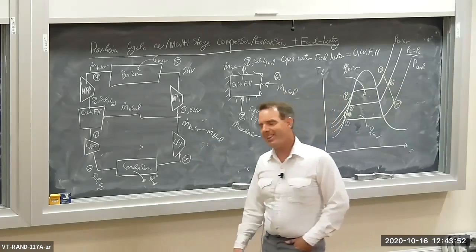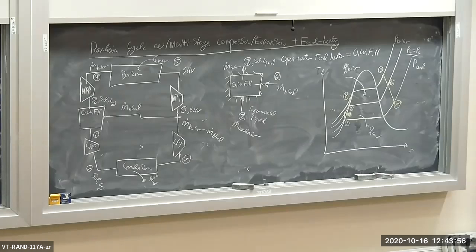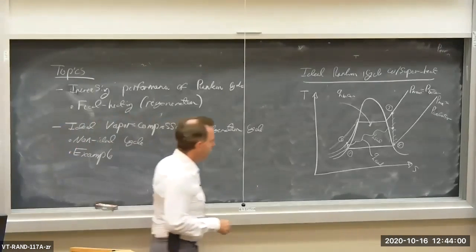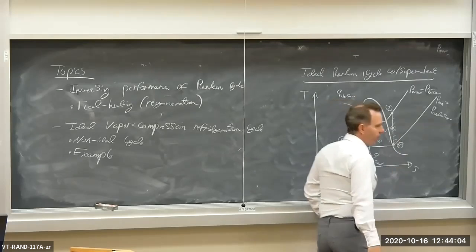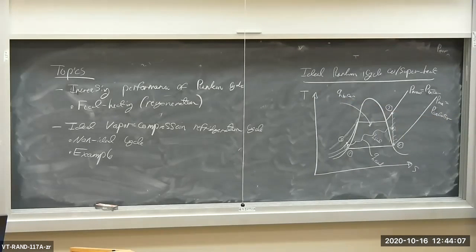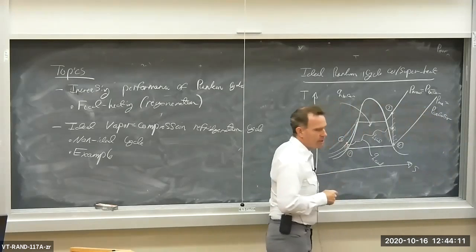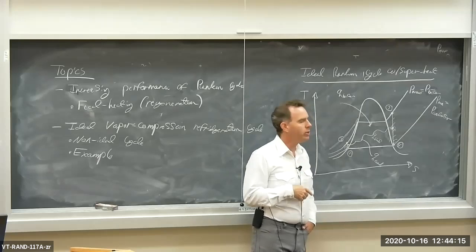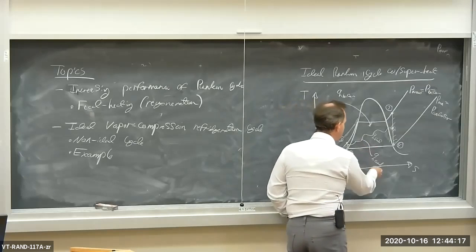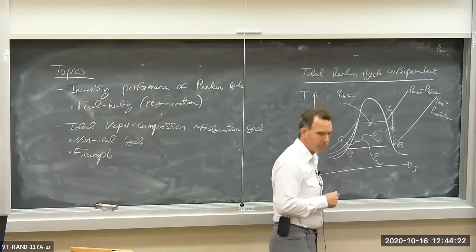So you can kind of think of this, again, let's go back to the picture we have here. You can think of this as taking energy from the hot side of the cycle, funneling it into the low side of the cycle in the hope that we can regenerate or reuse some of that energy that would have been lost, or a proportion of it would have been lost in the condenser.